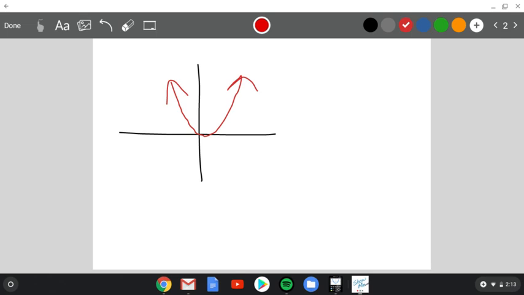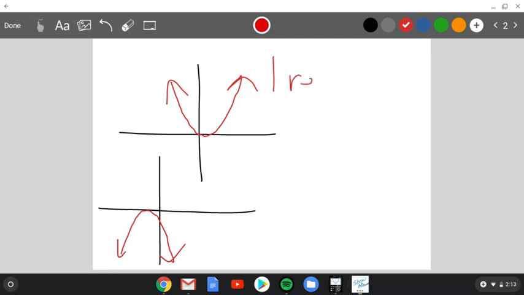Another could be something like this, where, and I didn't draw that very well, but just the vertex is sitting on the graph. So it only makes contact with the x-axis in one place at the vertex. And so that would be one, and I should have used the word real earlier, one real solution.